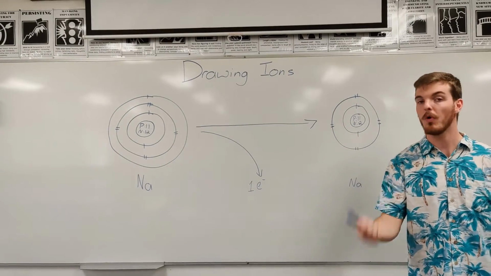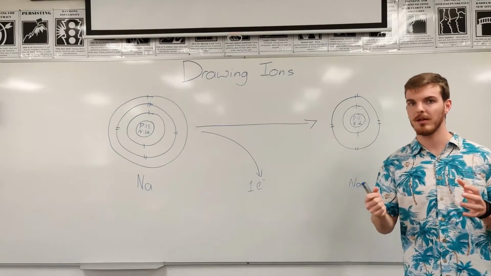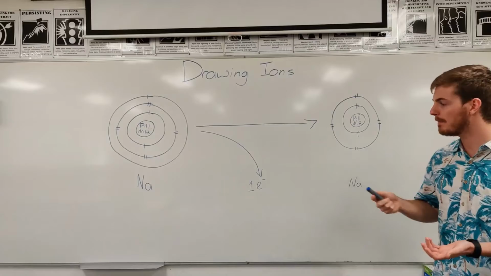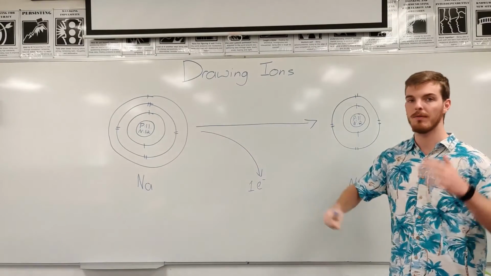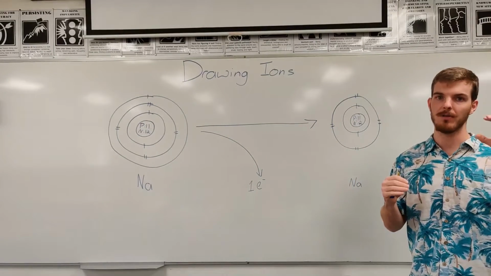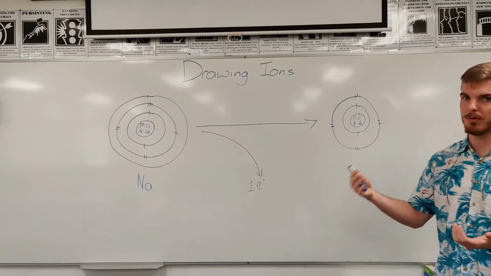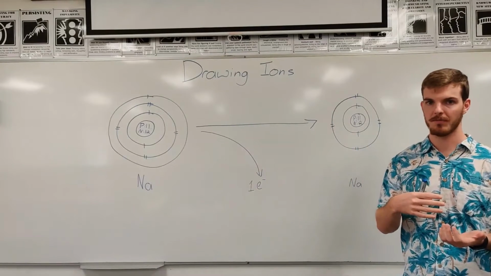Not quite. We're almost done, but we just need to add one little thing to indicate that we've actually drawn an ion. By losing this negative charge, we've upset the balance of electrons and protons. We now have more protons than electrons.